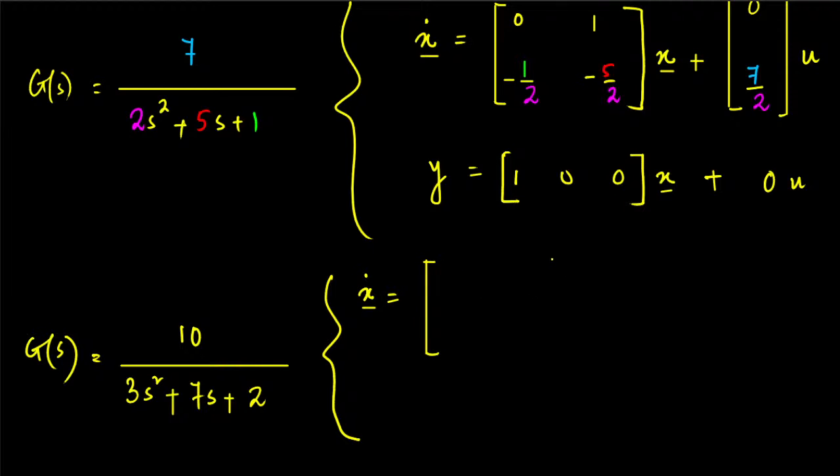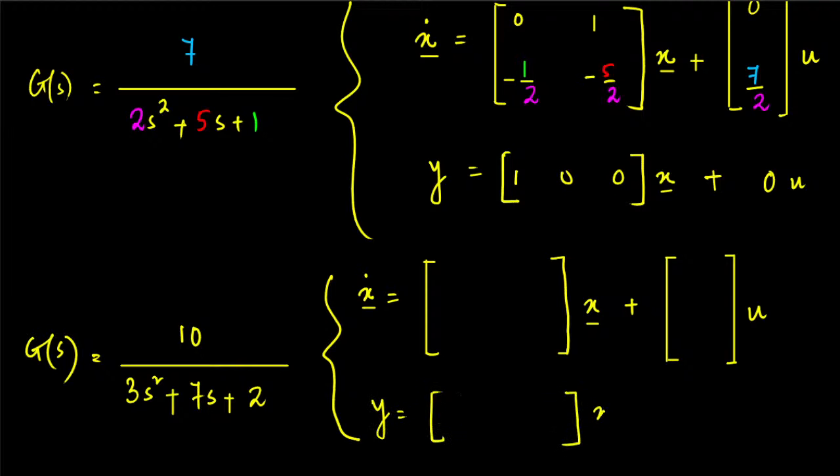I don't know. Plus bu. What is b? I don't know. I have to put the values, right? And y is equal to cx plus du, which of course I know is going to be 0u, not a problem.